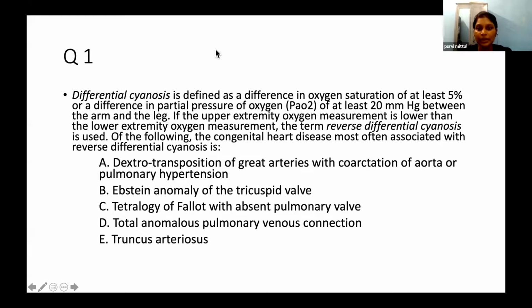Dextrotransposition of great arteries with coarctation of aorta. Why is that? Can you answer? What happens in this?